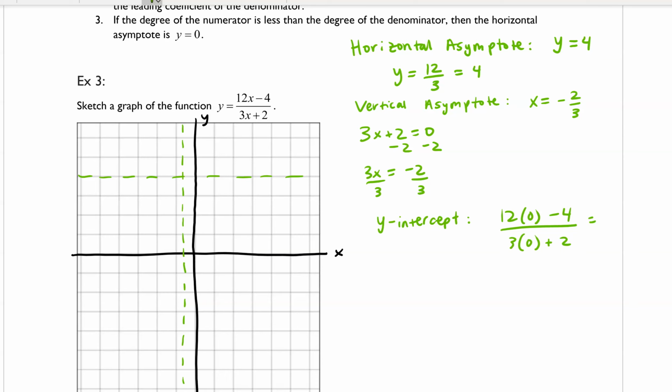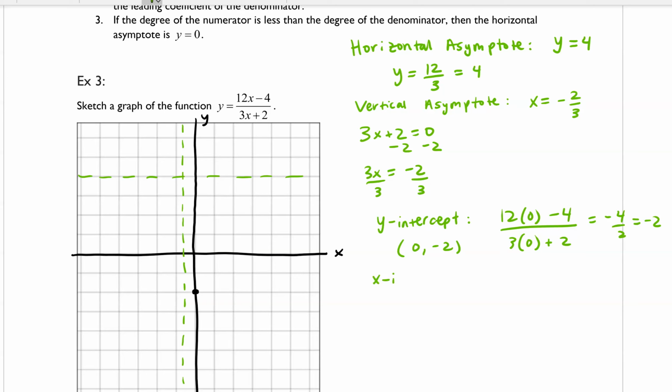So if I simplify that, we would get negative 4 over 2, which is equal to negative 2. So our y-intercept is an ordered pair, so it's going to be the ordered pair (0, negative 2). So let me plot that. That is right there.